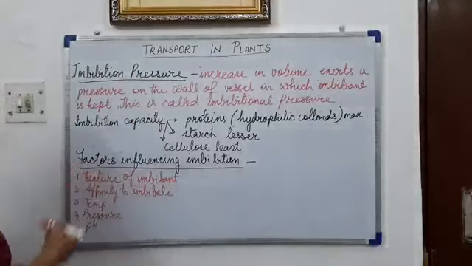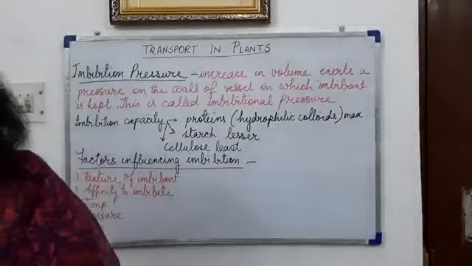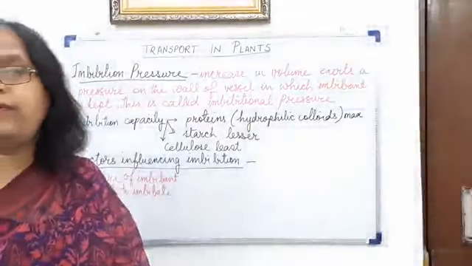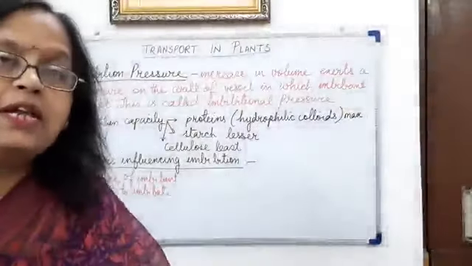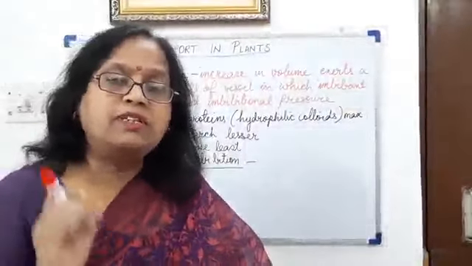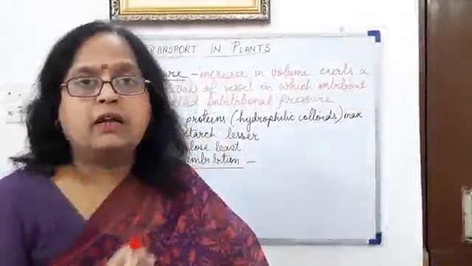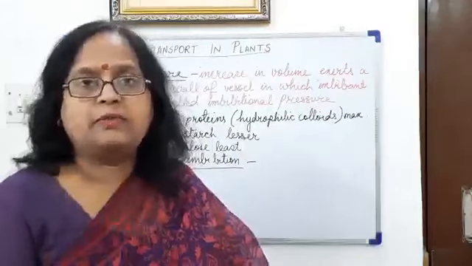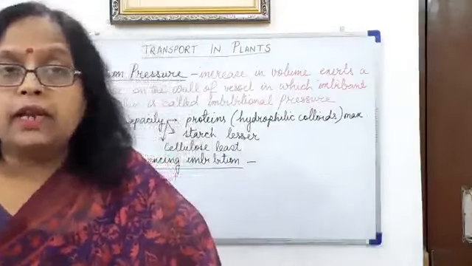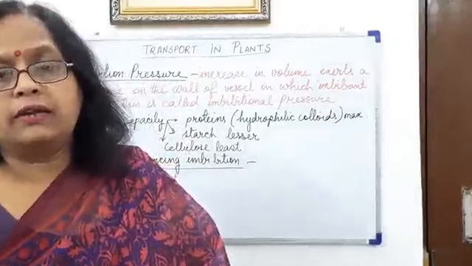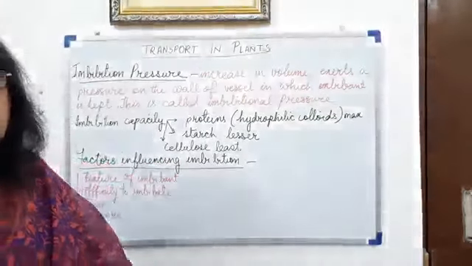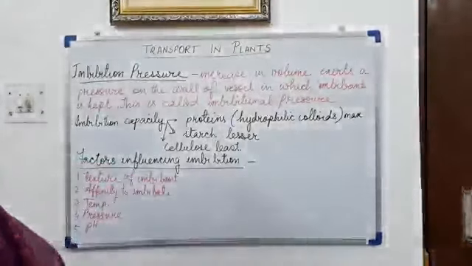The first one is the texture of the imbibant. If the imbibant has a loose texture, meaning there are pores and spaces between the molecules, then it will absorb more water. Then the affinity of the imbibant for the imbibate.